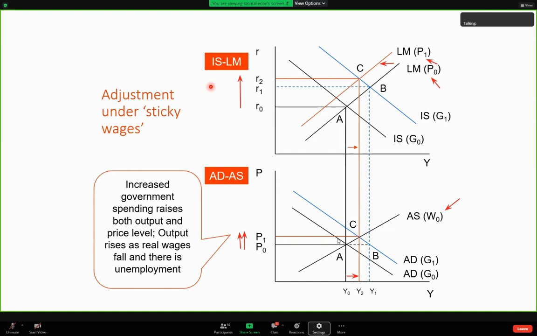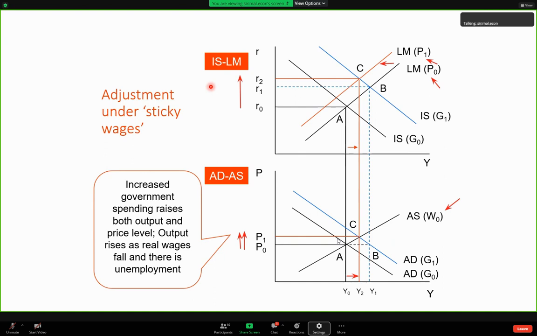Output goes up because of the real wage falling. Why does real wage fall? Because wages are sticky as there is unemployment. Even though the economy is in equilibrium, Y equals AD, there is a pool of unemployed resources.